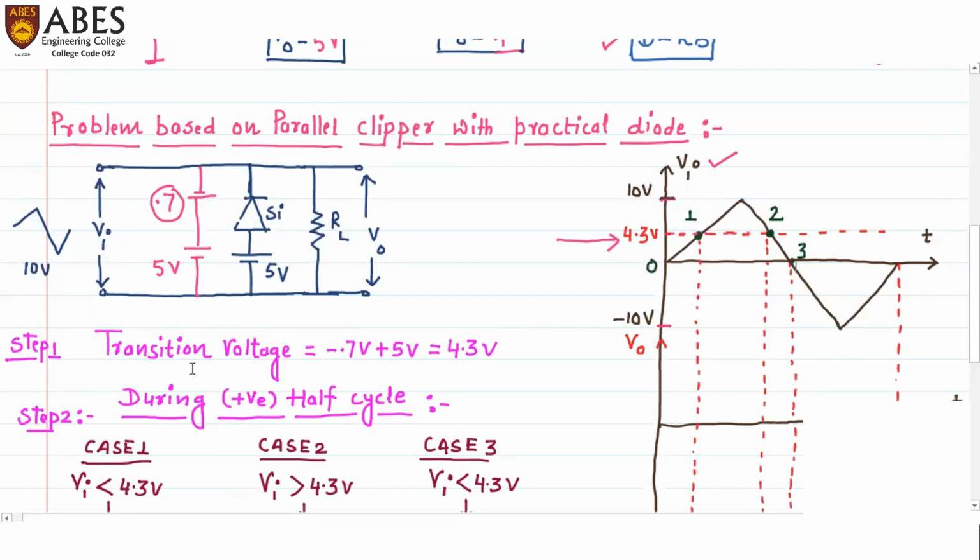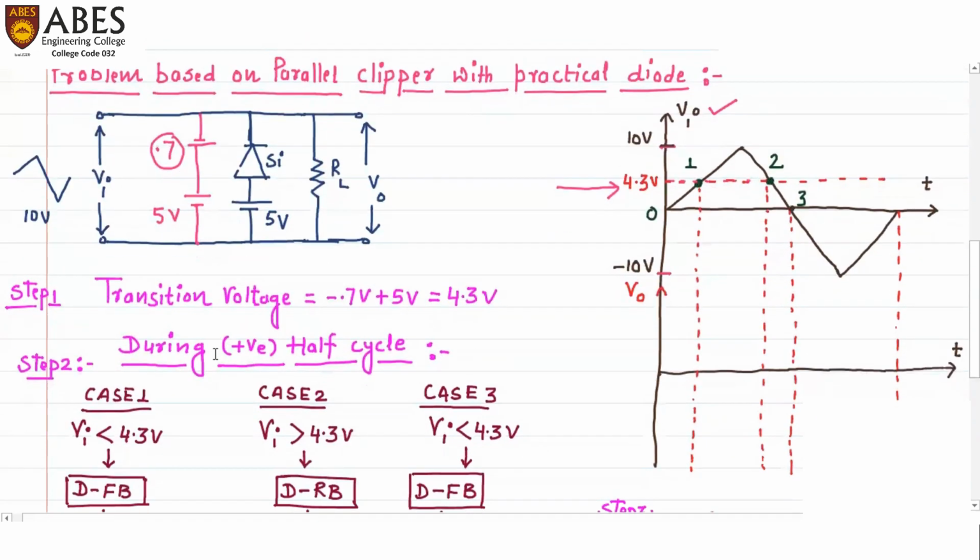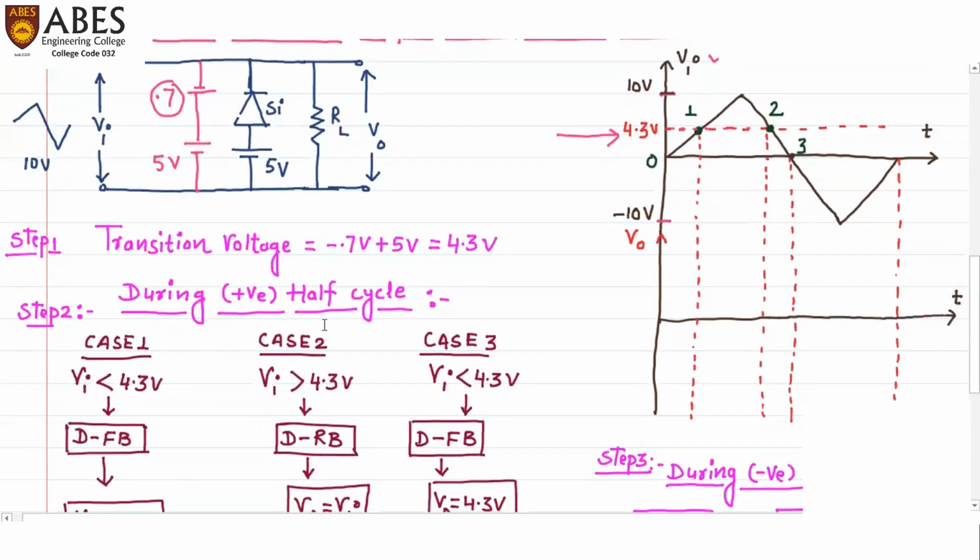Now in step number 2, we will calculate the output voltage during the positive half cycle. While calculating V0 during the positive half cycle, this will be plus and this will be minus, and the output is always taken between plus and minus. Here we can see during the positive half cycle, we have taken three cases: case 1, case 2, and case 3, just as we took these three cases in the first numerical.